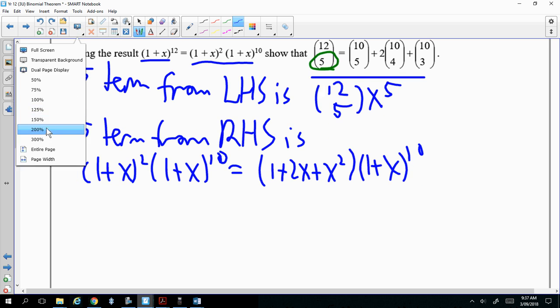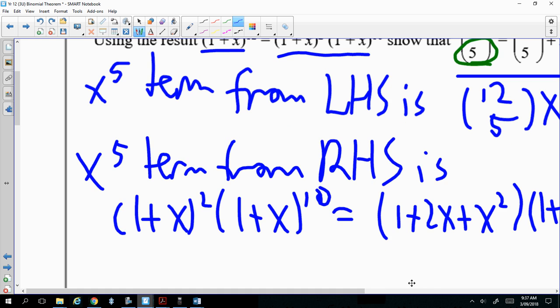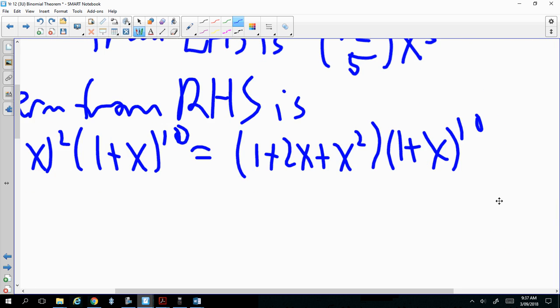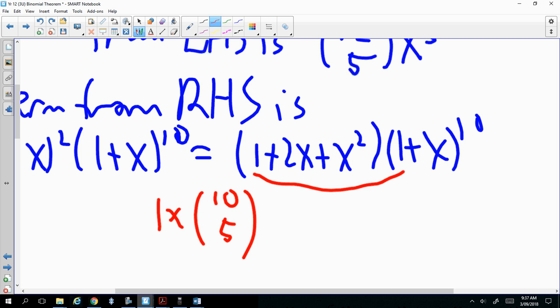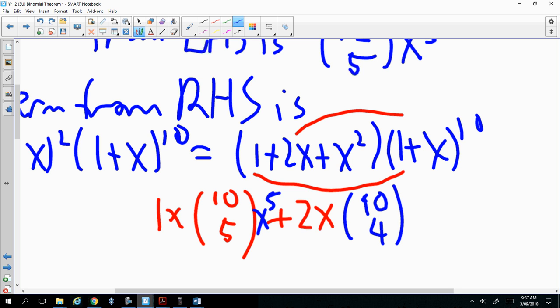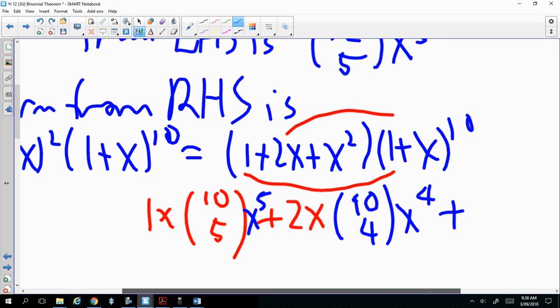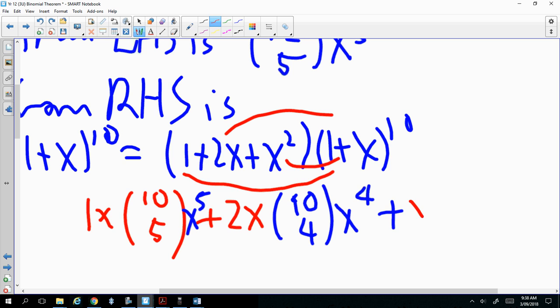And then you have to go 2x times the x power 4 term, 10, 4, like that, plus x squared times the x cubed term, like that. So there are 3 ways of creating the x power 5 term on the right, which you can factorize out. 10, 5, 2, 10, 4, plus 10, 3, all this to the power of x power 5.